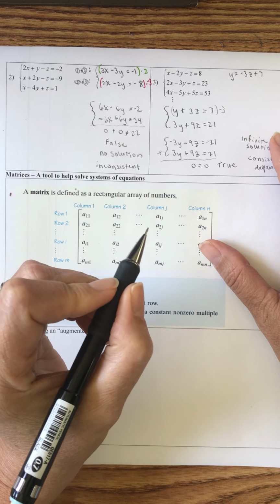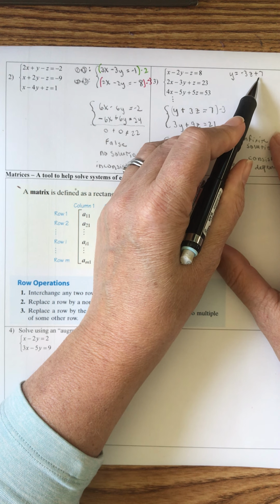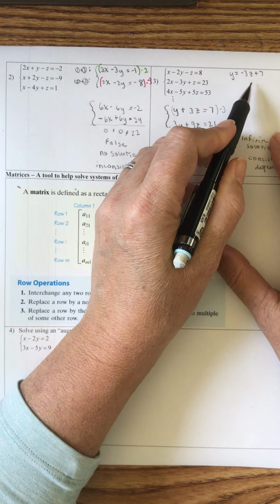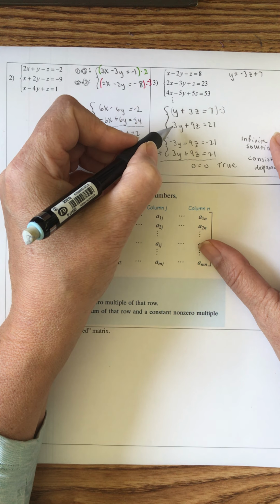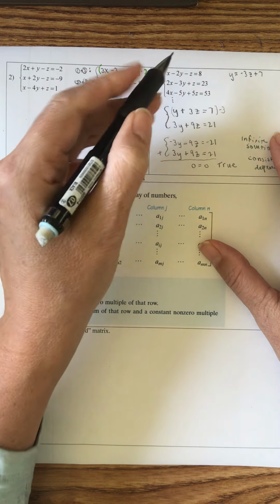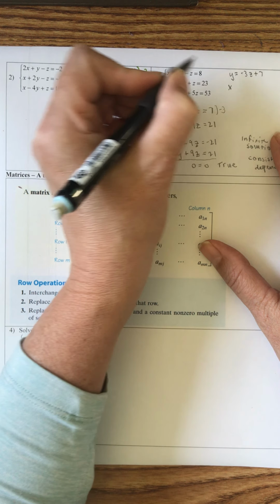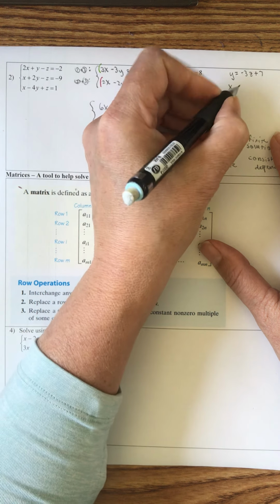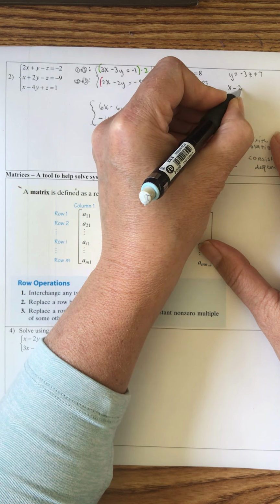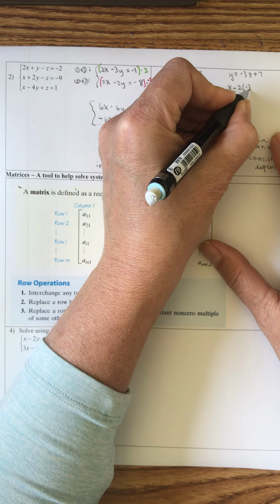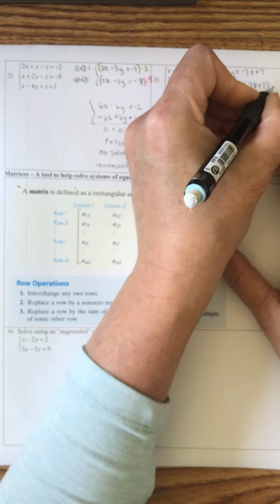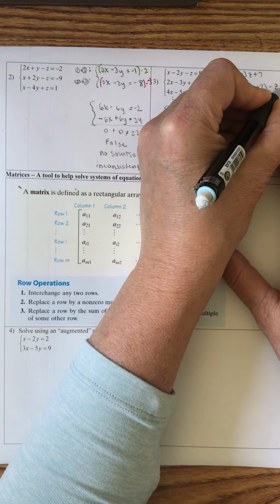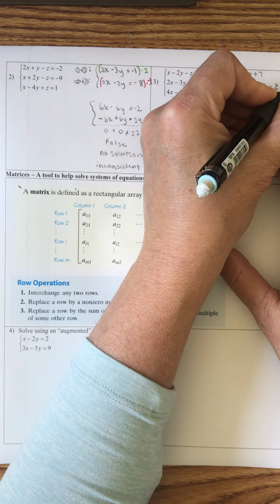Then I know an expression for what y is equal to in terms of z. And then I want an equation for what x is equal to in terms of z. So I'm going to take this first equation, x plus y minus z equals 8, and substitute in negative 3z plus 7 for y.